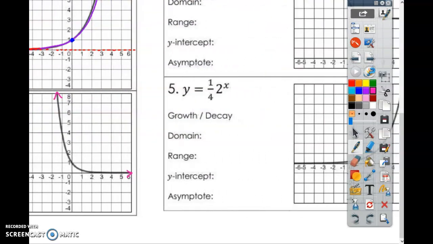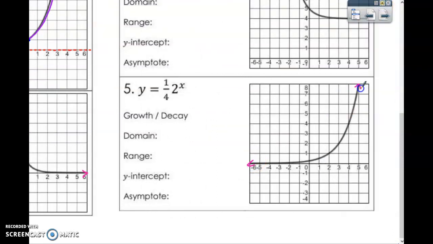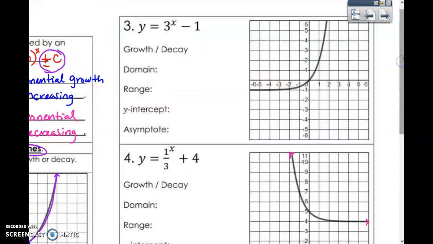What about number 5? All real numbers. What about number 4? All real numbers. What about number 3?